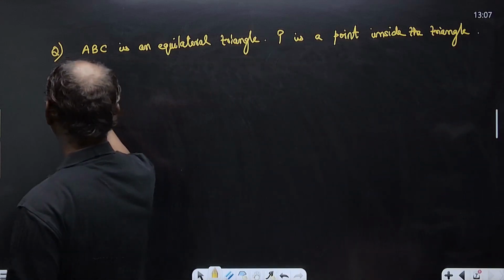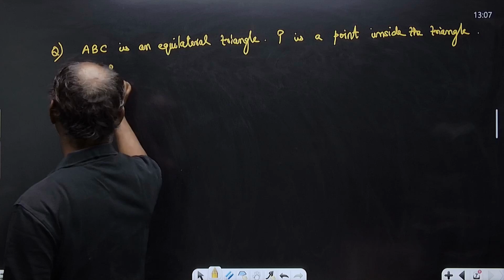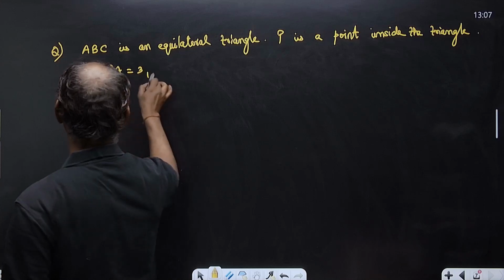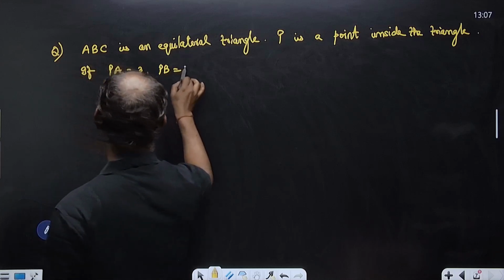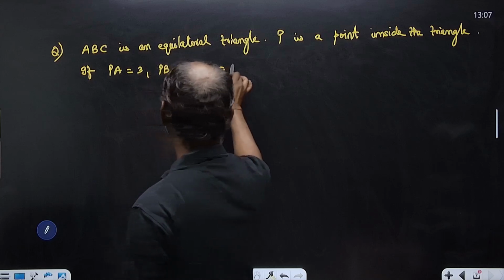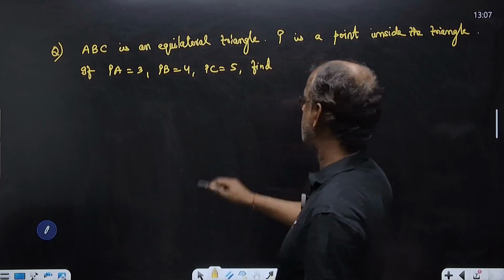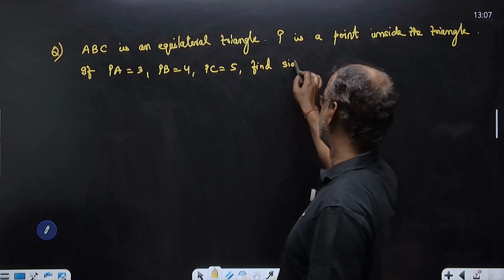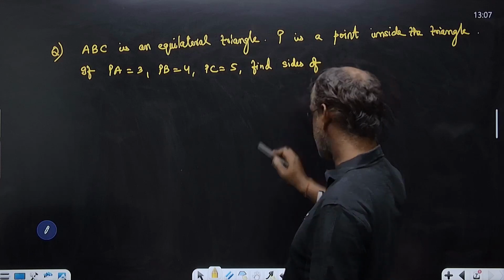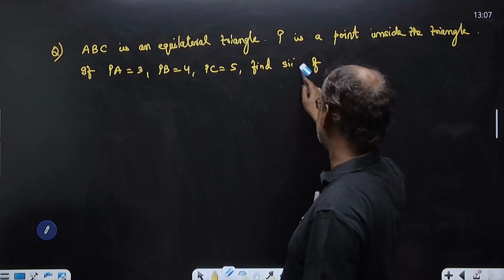If PA is 3, PB is 4, PC is 5, find the side. In fact, all the sides are equal.